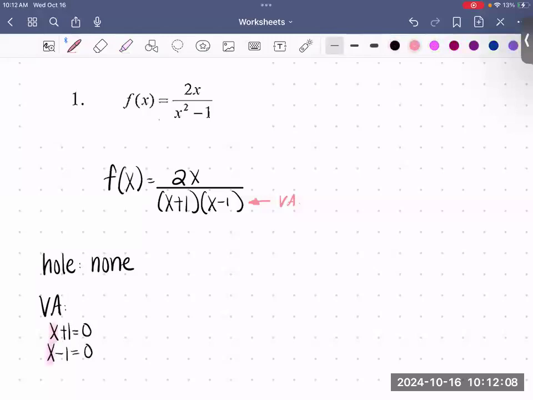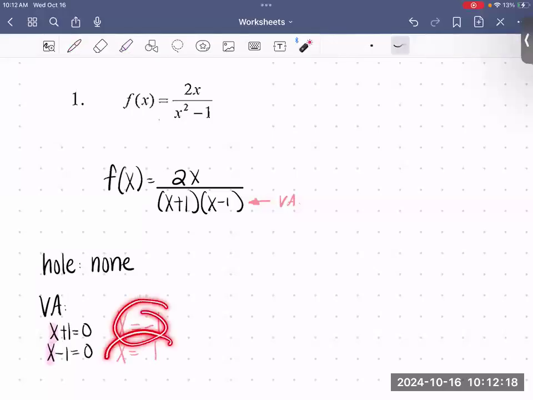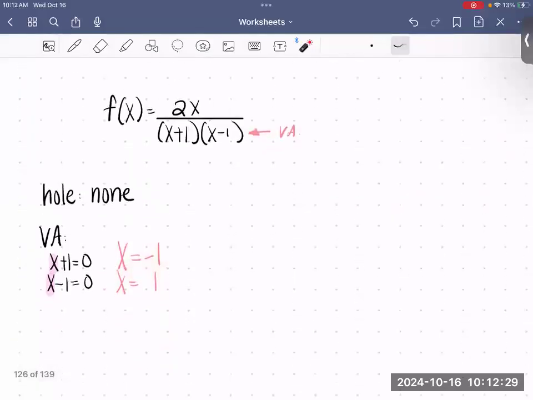We'll come to find out that x is equal to -1 and x is equal to 1. These are where your vertical asymptotes are. Notice that it says x equals, x equals. We definitely want to see this because this will be a line, not a particular point. So it's going to be a vertical line at x equals -1 and +1.